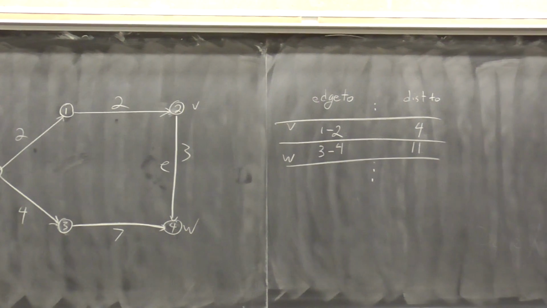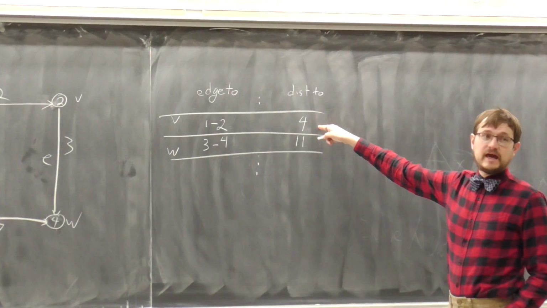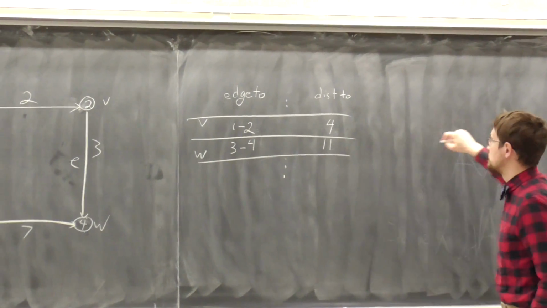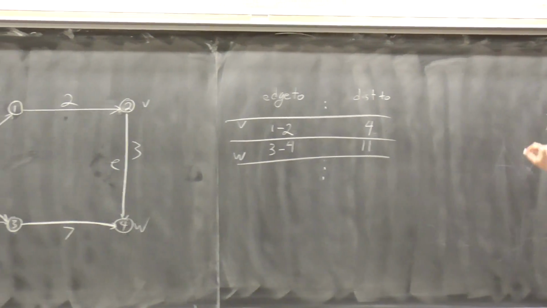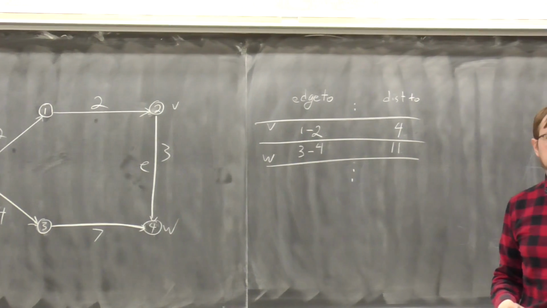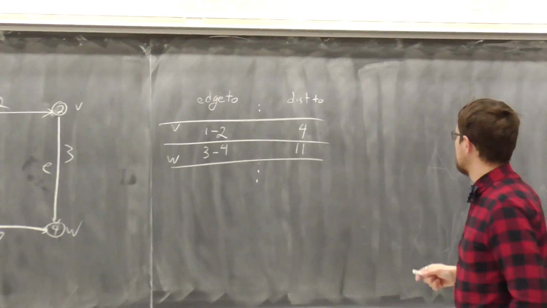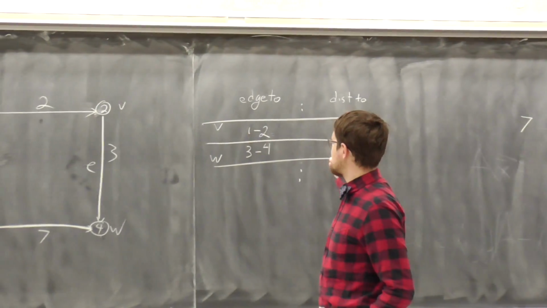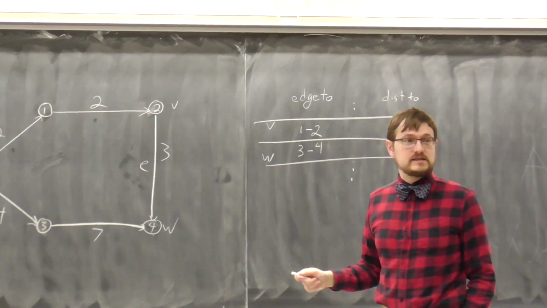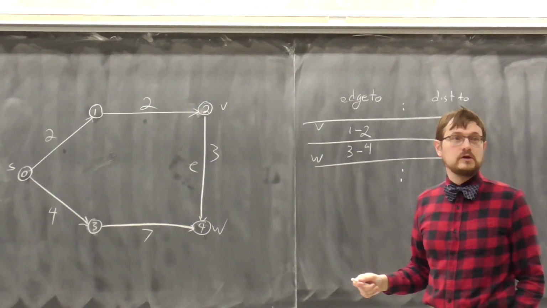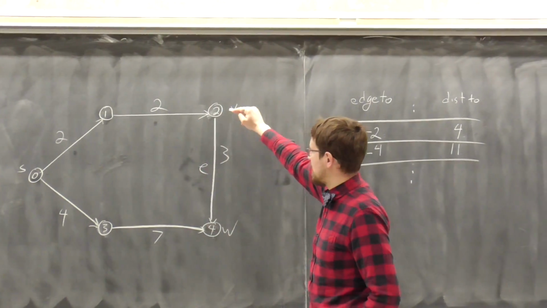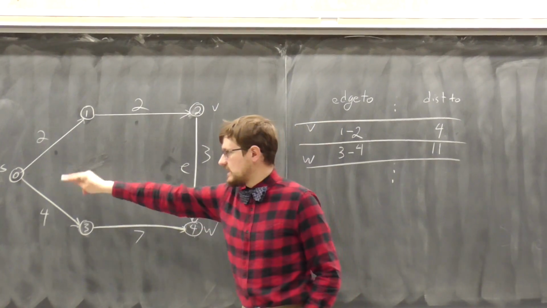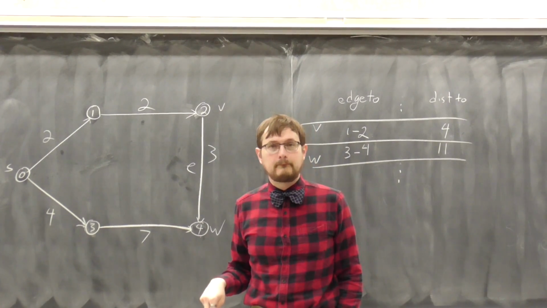So you take V and you add the weight of the new edge. That'll make it 7. We then perform a Boolean test. Since 7 is less than the existing distance to W, we know that this is a shorter path to W than to go through 3.